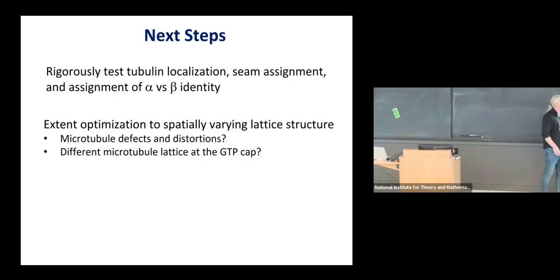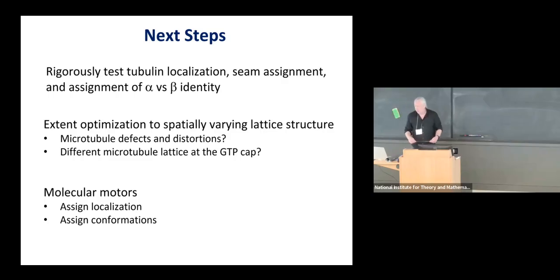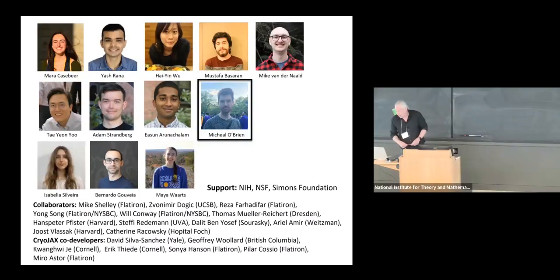One hypothesis is that the lattice structure of the GTP cap is different from the bulk of the microtubule. In theory, one should be able to observe that if it's right. Ultimately, we want to go to motors and other maps on microtubules and be able to assign localization and conformations.